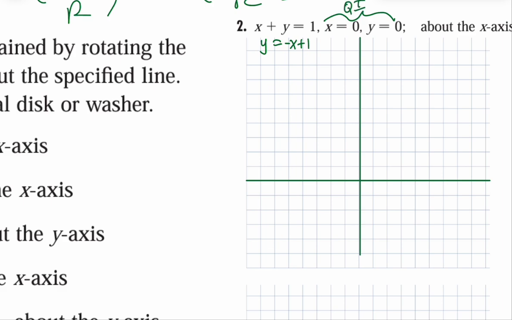So if we draw the line y equals negative x plus 1, the line has a y-intercept of positive 1, and then the slope is down 1 over 1. So it's really just this little thing right here, and this is one where it's a solid disk.